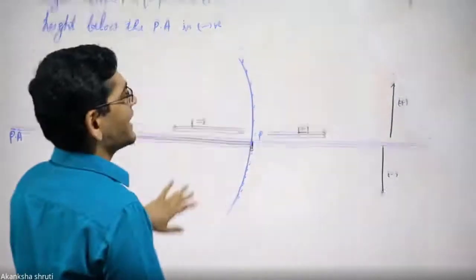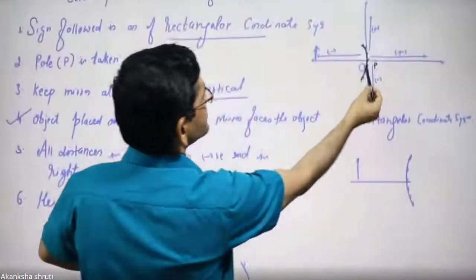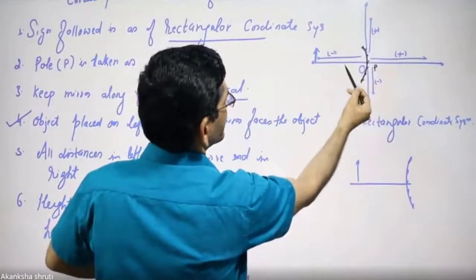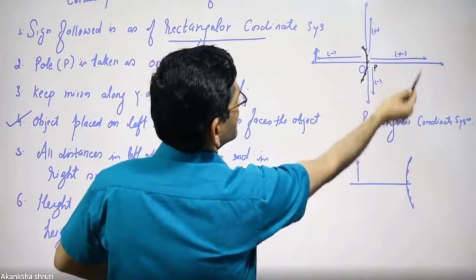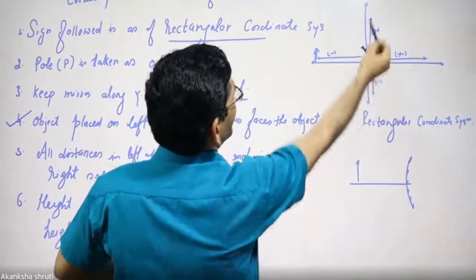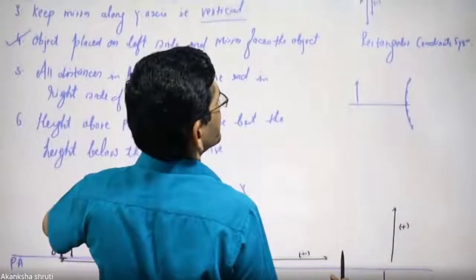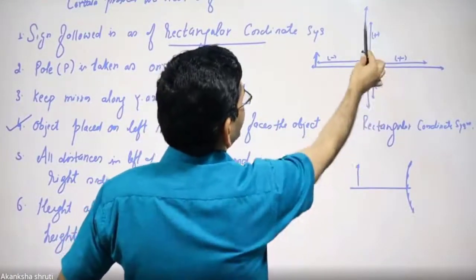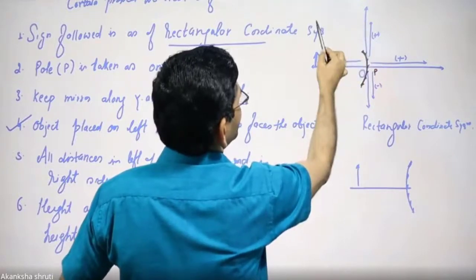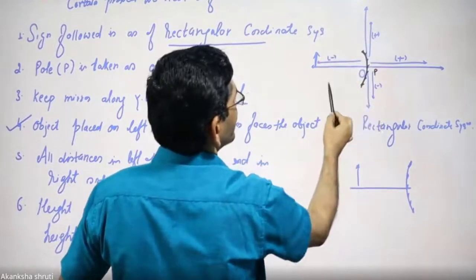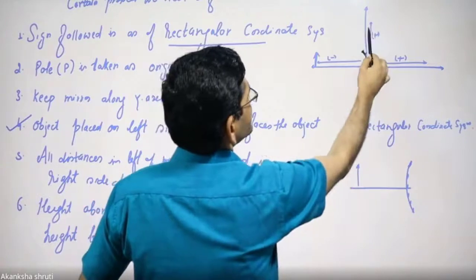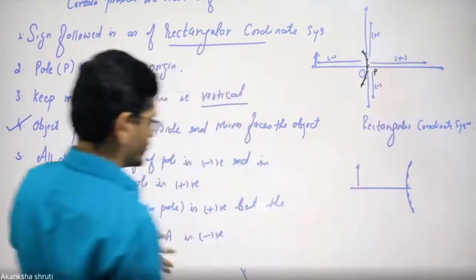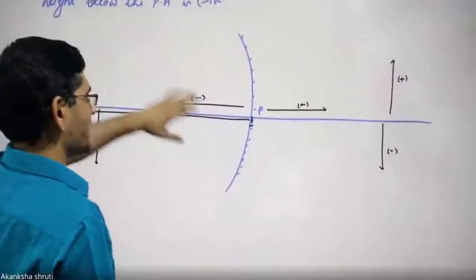It is the same as our rectangular coordinate system, where the height below the x-axis is always negative, and the height above the x-axis is always positive. Another, the distance from the y-axis, whether in the second quadrant or in the third quadrant, is always negative, and it is positive in the first and fourth quadrant. So it is the same, but you have to draw this figure.